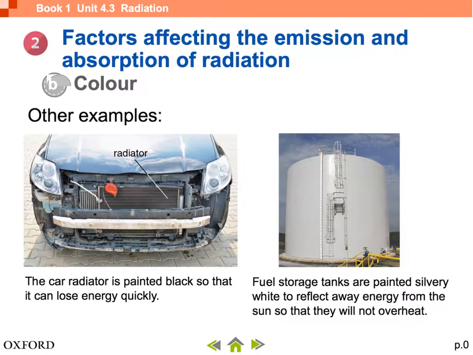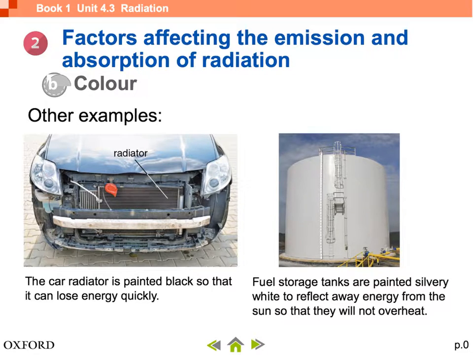Here come other examples of how colors affect the emission or absorption rate of radiations. There are radiators installed at the front part of a car. It is painted black. The reason is that when the engine is running, the temperature of the car is much higher than the surroundings.